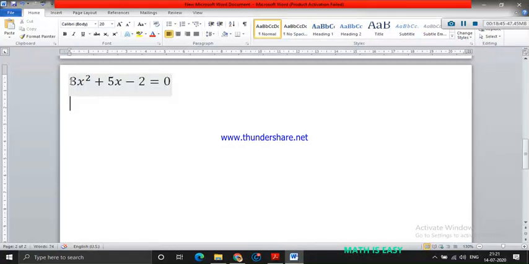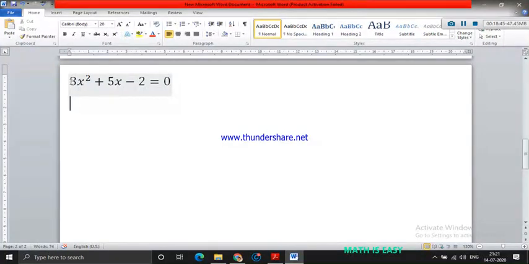When I add them, minus 6 plus 1 will give me minus 5, but I want plus 5. So instead of that, I'll keep 6 as it is and put minus 1. When I multiply these two numbers, it gives minus 6. When I add them, 6 minus 1 is plus 5. So my factors are 6 and minus 1.